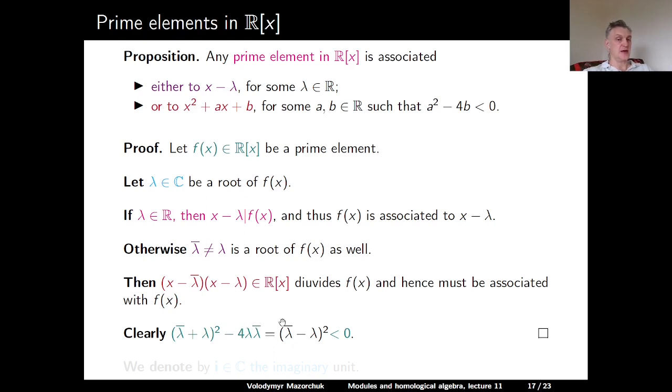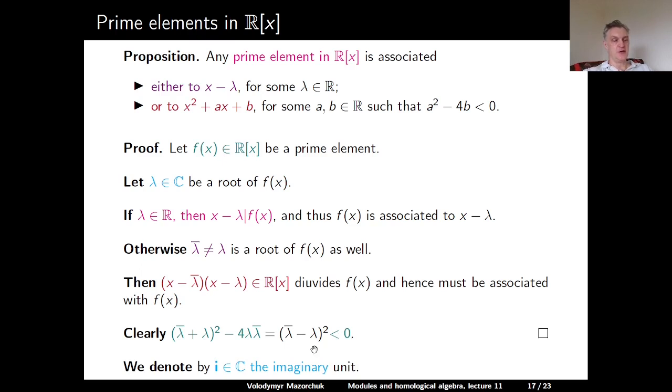And this is equal to (lambda overlined minus lambda) squared. Note that lambda overlined minus lambda is a non-zero multiple of the imaginary unit i, so its square is strictly negative. And this completes the proof.